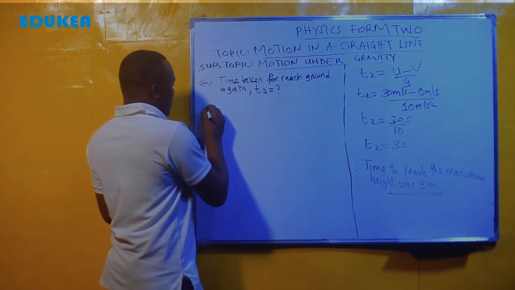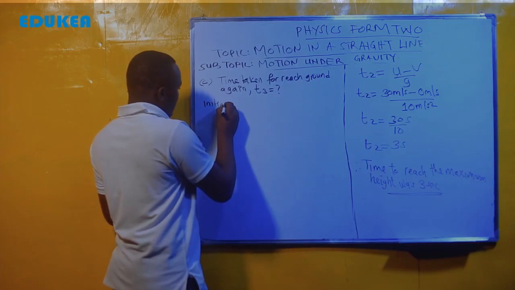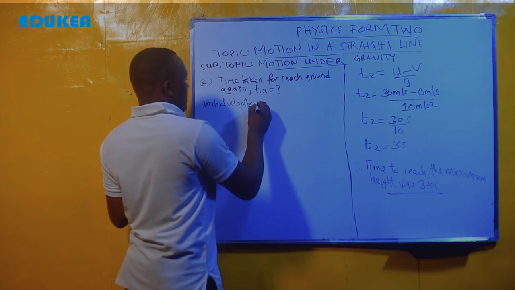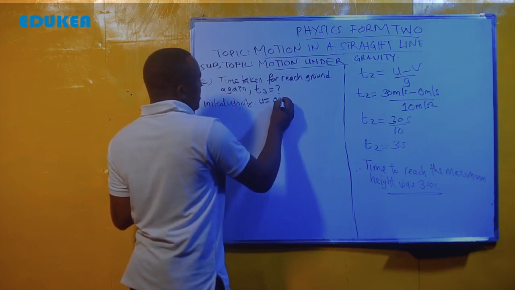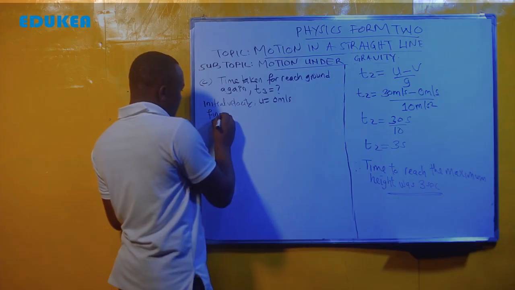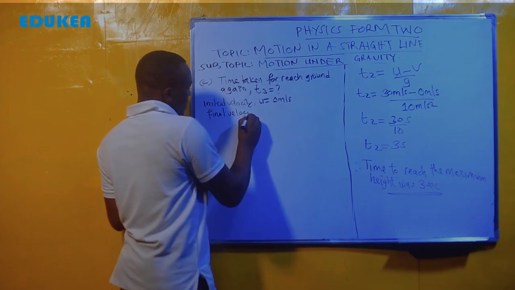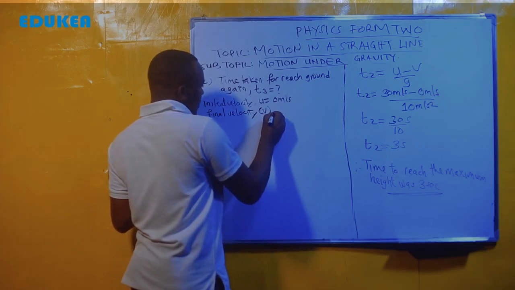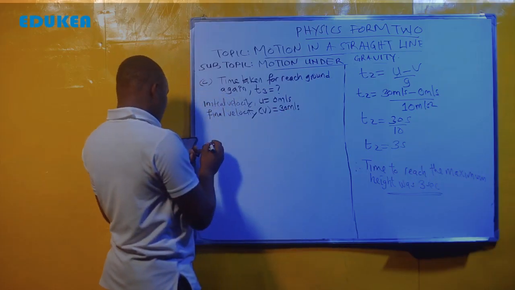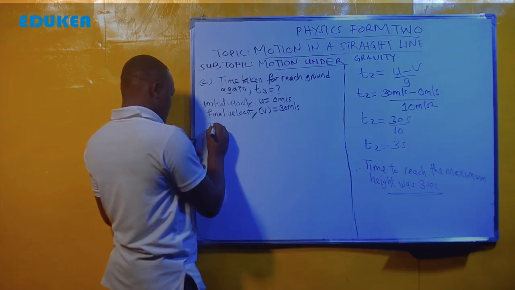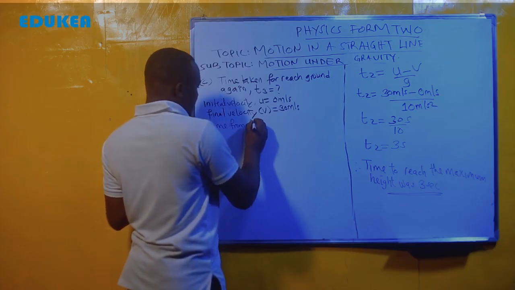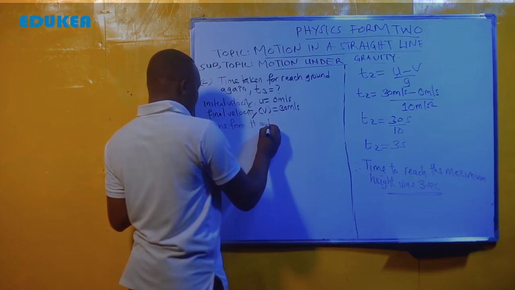Tuna initial velocity u ambayo ni sawasawa na 0 meter per second, lakini tuna final velocity ambayo ni sawasawa na 30 meter per second, lakini pia tuna time from the maximum height and ground.